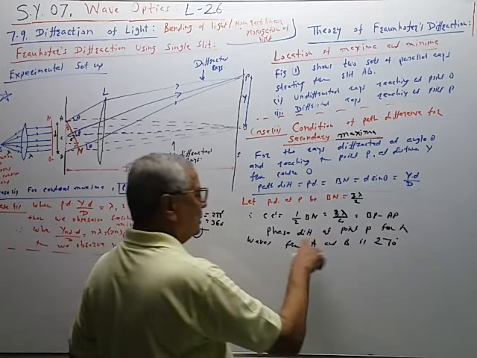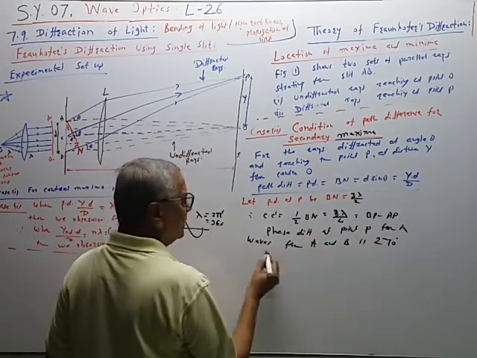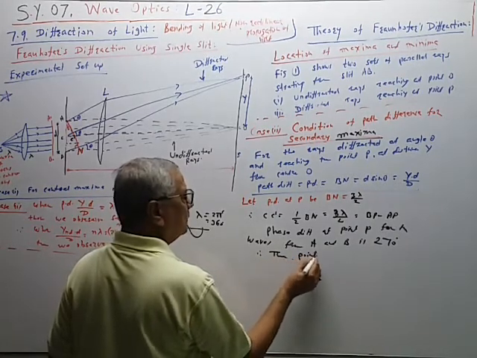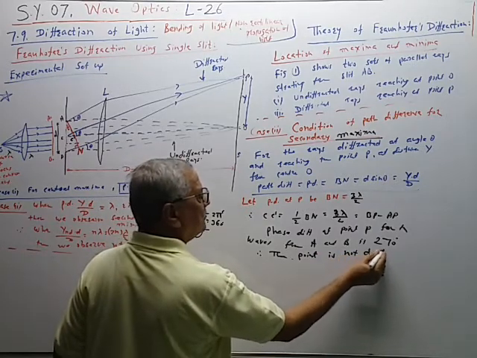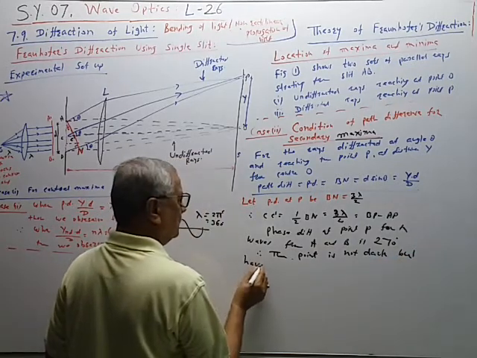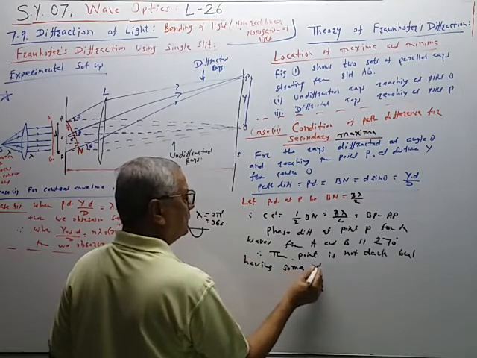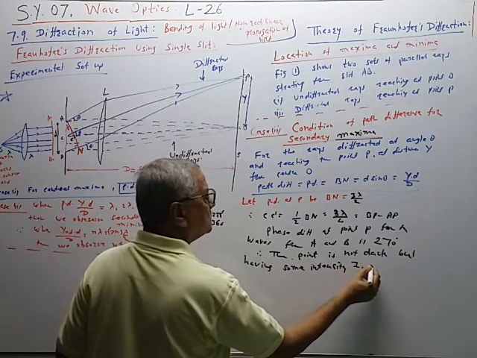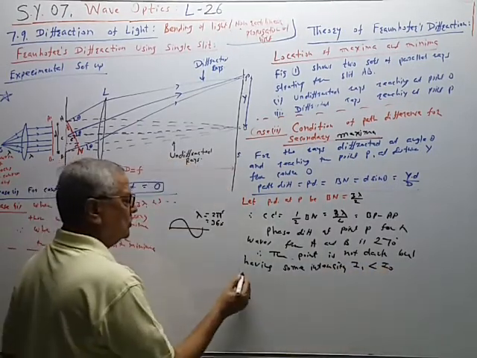So see this, the phase difference at point P for the waves from A and B is 270 degree and therefore the point P is not dark, so it is not a minimum, it's not dark, but having some intensity I1 less than I0 like this.